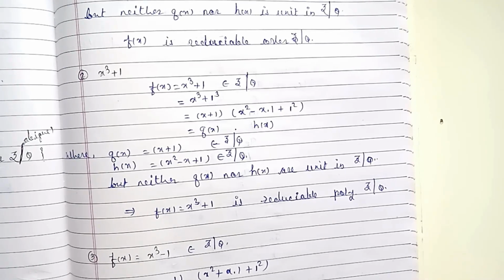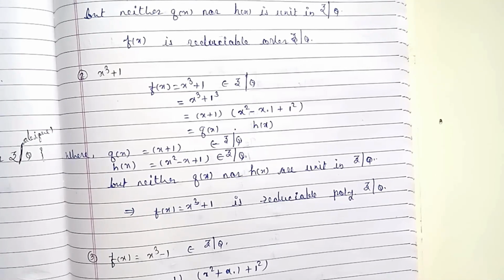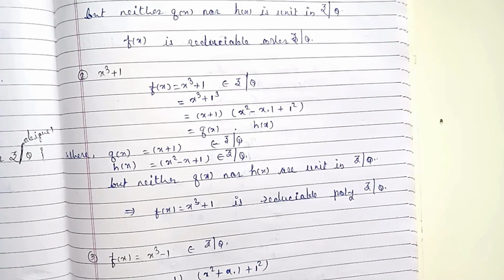We can solve these examples by definition, but if we apply some tests like the irreducibility criteria, we get the irreducible or reducible condition in an easy way. That's why these tests are very important. So in my next lecture, I am going to explain some tests from the irreducibility criteria.